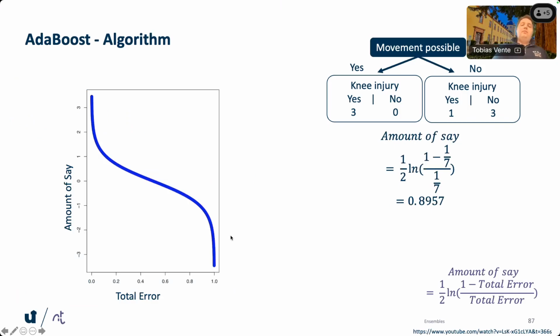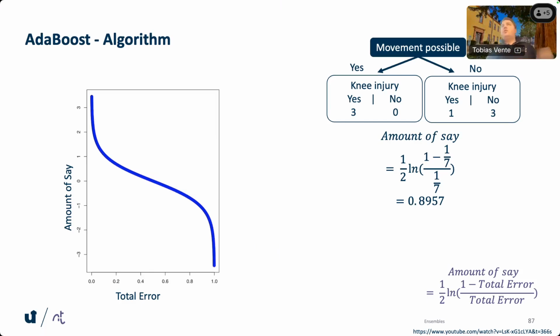I very briefly plotted what this amount of say can look like. Depending on the total error, the amount of say can also be negative. The scale is somewhat tiny, going from 3 to -3. If you misclassified all data points, which is very unlikely but in theory possible, you would have a negative amount of say, so a negative weight. And if your total error is close to 0, your amount of say is around 3, a positive weight.